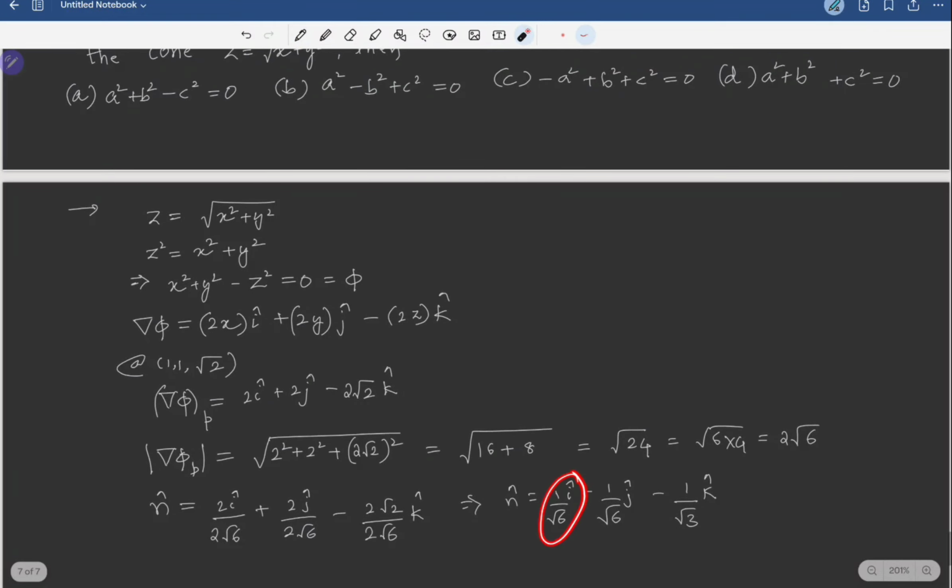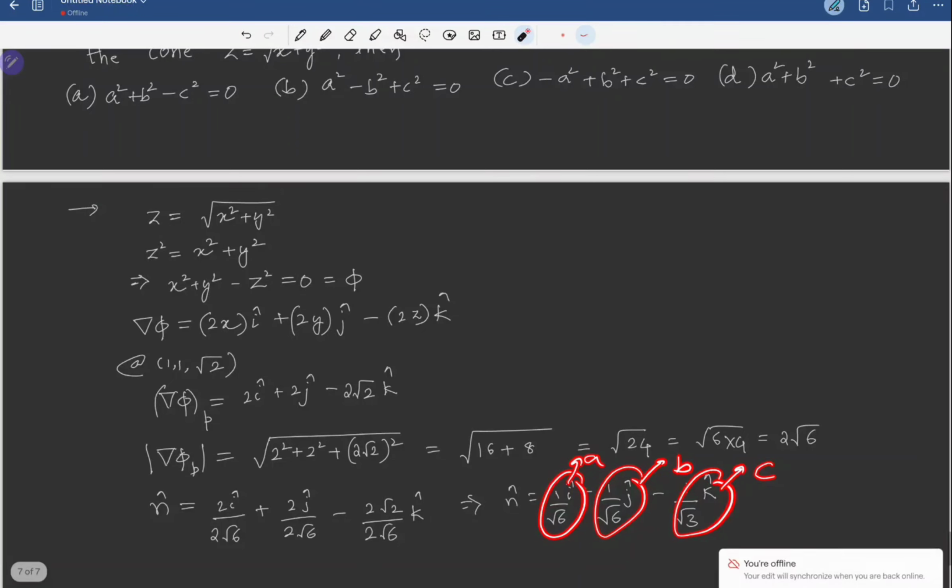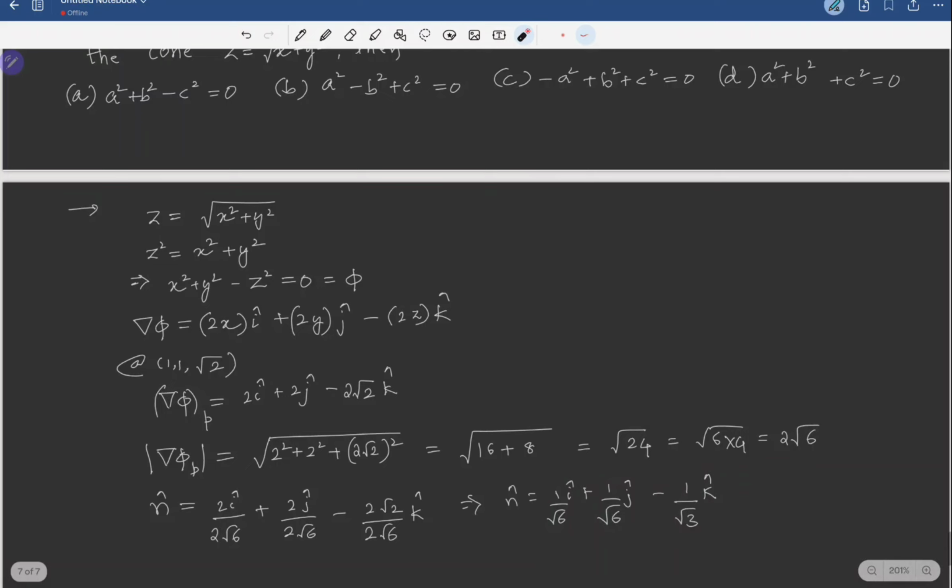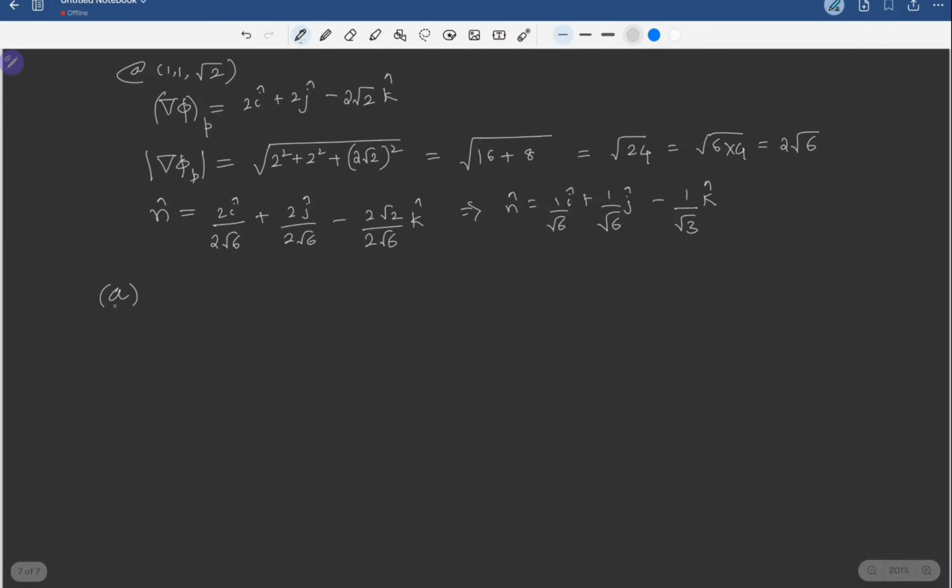This is a, this is b and this is c. Option A: a is equal to 1 by root 6, b is equal to 1 by root 6, c is equal to minus 1 by root 3.